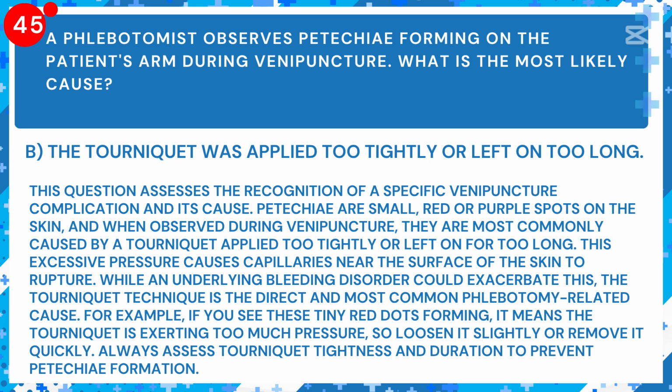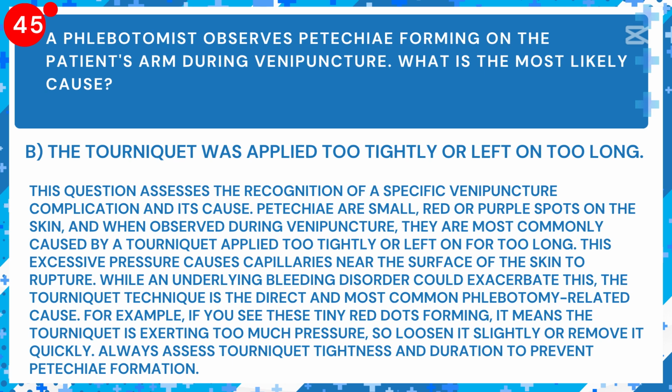Explanation: this question assesses the recognition of a specific venipuncture complication and its cause. Petechiae are small, red or purple spots on the skin, and when observed during venipuncture, they are most commonly caused by a tourniquet applied too tightly or left on for too long. This excessive pressure causes capillaries near the surface of the skin to rupture.